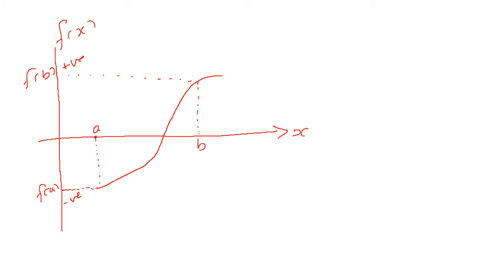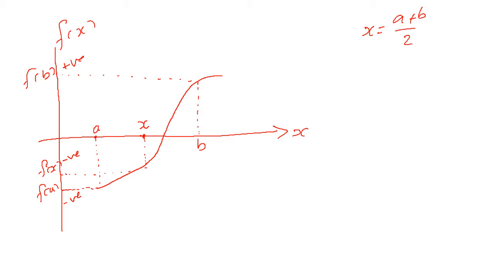Now what we do is find the midpoint. That's the first step. That means we calculate x equals a plus b by 2. So it will be somewhere here, correct? The midpoint of line segment AB is this one. Let me call it x. Now I evaluate the function f of x, and it happens to be negative. So it implies that the root is between x and b.